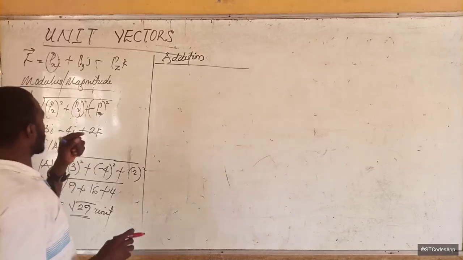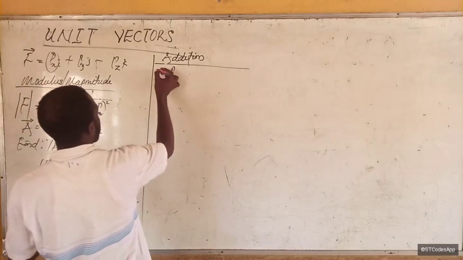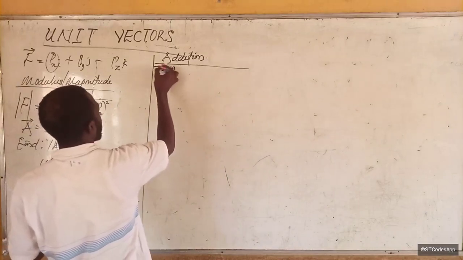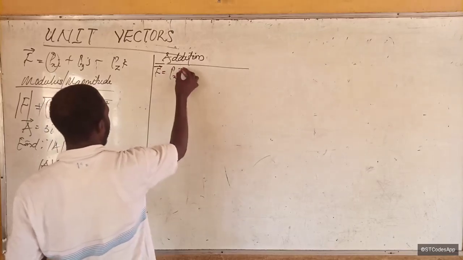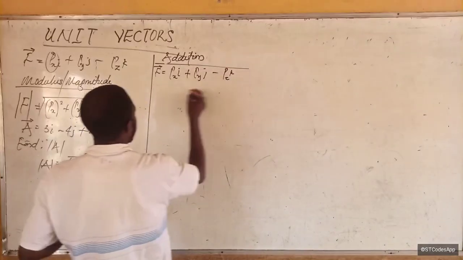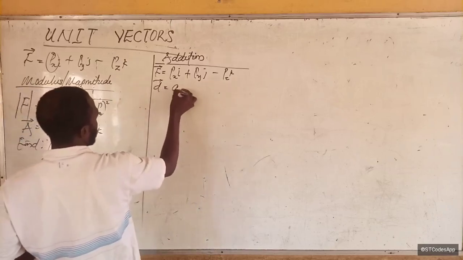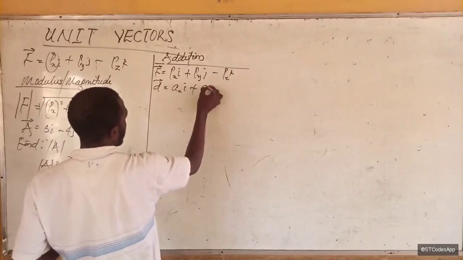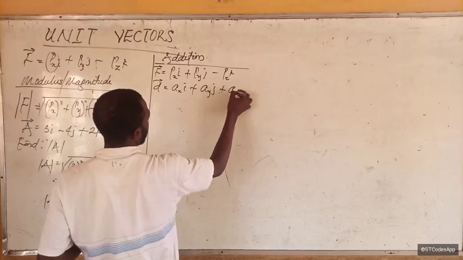So for example, I have my force to be p sub x i plus p sub y j minus p sub z k, and I had d to be a sub x i plus a sub y j plus a sub z k.